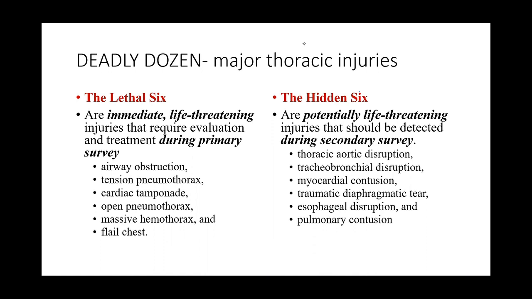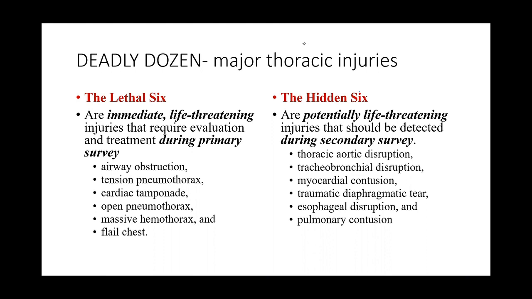So if there is complete airway obstruction, within 4 minutes the brain will have consumed the lung reserve volume and will suffer an irreversible hypoxic brain injury. Then tension pneumothorax, cardiac tamponade, open pneumothorax, massive hemothorax, and flail chest. These are the lethal 6.